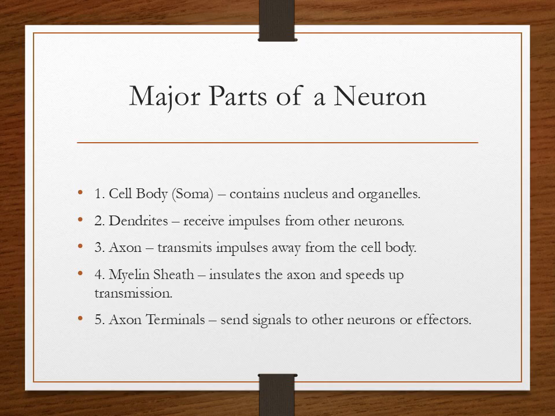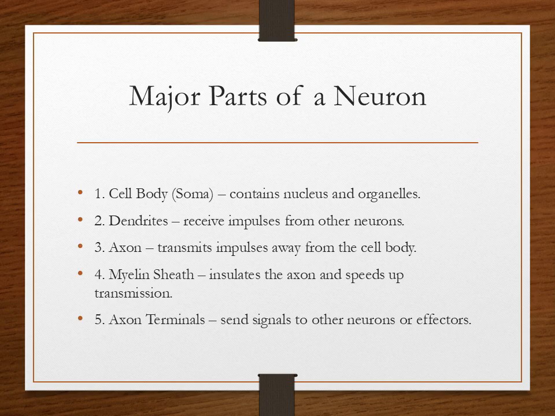Now let us discuss the major parts of a neuron. A neuron has a cell body, also called the soma, which contains the nucleus and the organelles. It also has dendrites, whose main function is to receive impulses from other neurons.